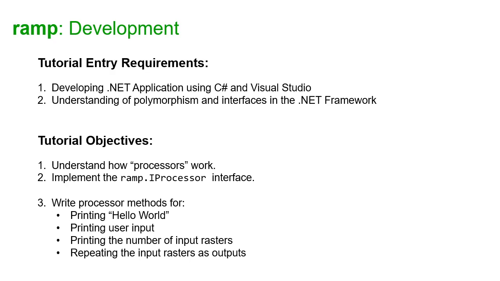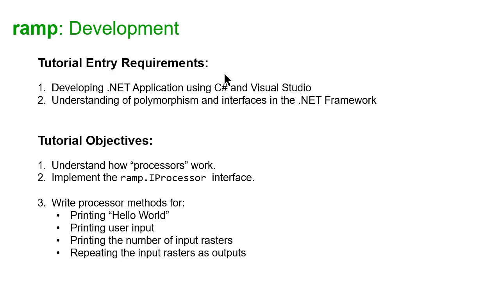We'll print whatever the user tells us to print, and we will print the number of rasters that are given to us, and then we'll also repeat out whatever the input rasters are. We'll give them as outputs as well. So these are very simple methods that should allow any .NET developer the ability to get started developing custom RAMP processors for RAMP.